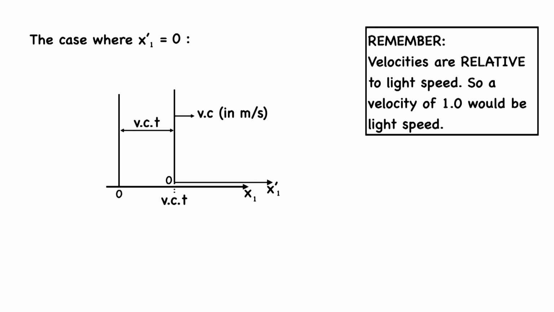Of course I've had to include c, the speed of light, to put v into meters per second. So now I can state that when x-1 equals 0, x1 equals vct. Hold that thought, we're going to use it in the next frame in just a moment.